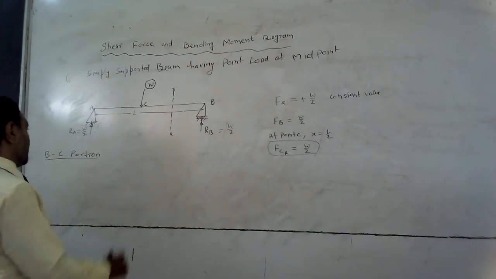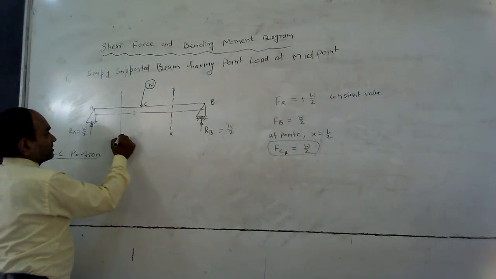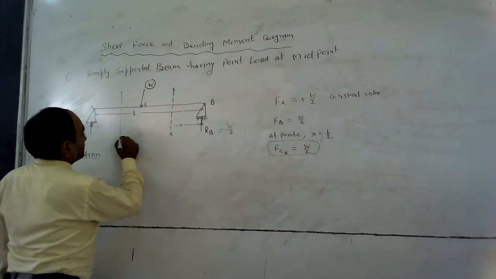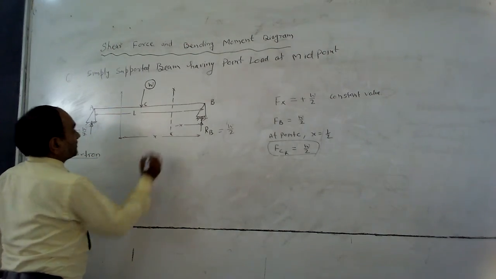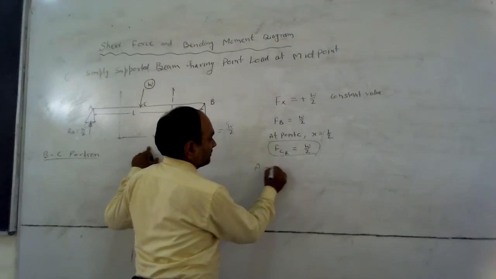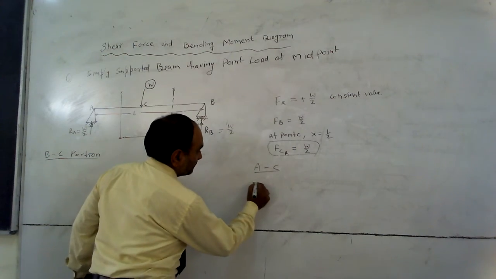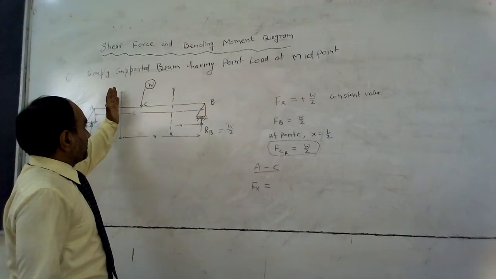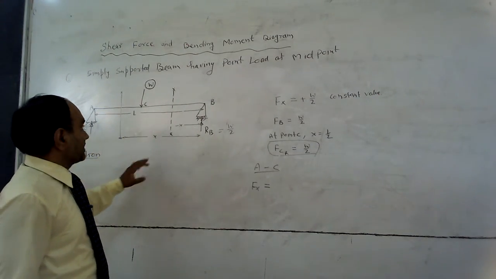Now I have to consider the section between A and C for the shear force, and this distance is x, and this is also the x variable. I have to extend this value from here to here, that is x. So for portion AC, shear force Fx equal to the algebraic sum of all the forces acting on the right side of the section.